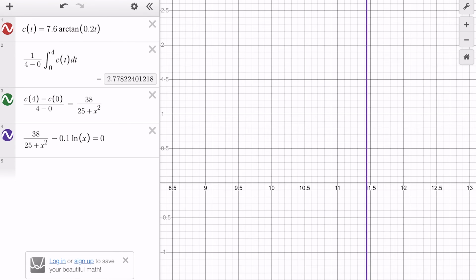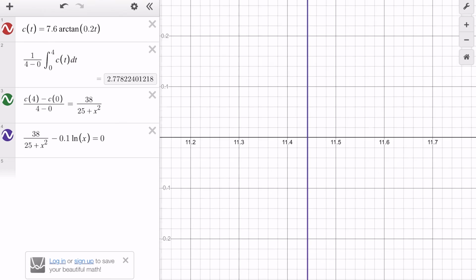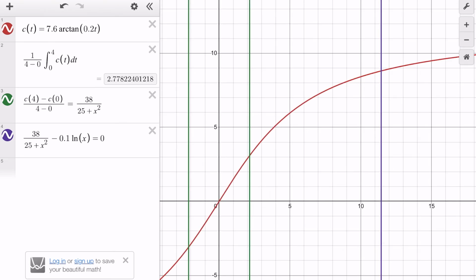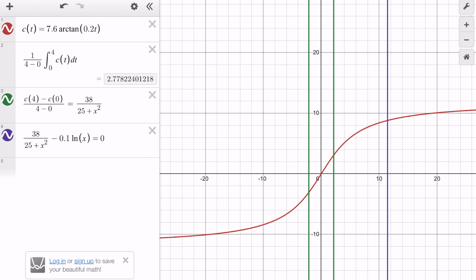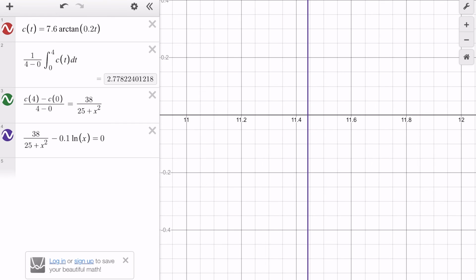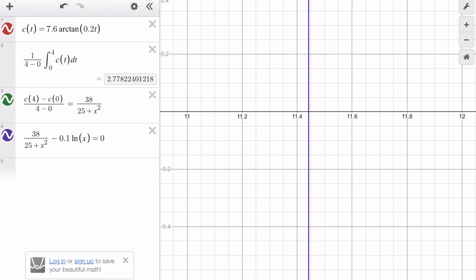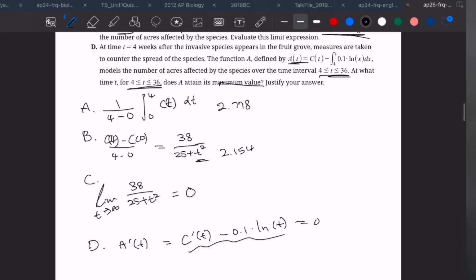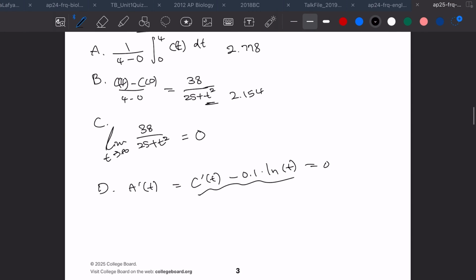So if you put that in Desmos, it doesn't give me the exact number. I don't know how to operate Desmos that well, so that might be on me. But here we can see it's between 11.4 and 11.6, and the exact answer is actually 11.442.